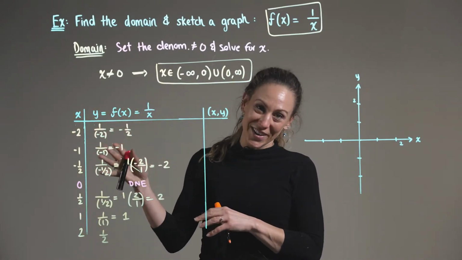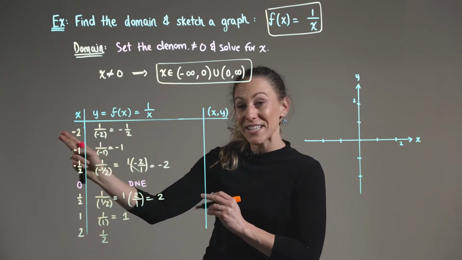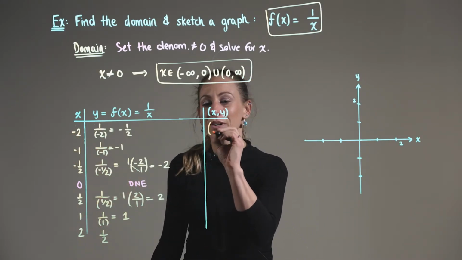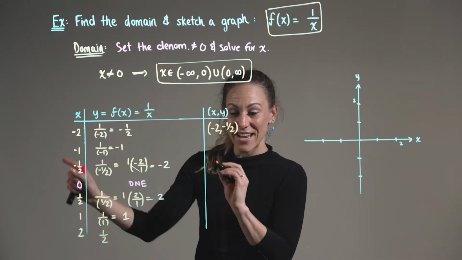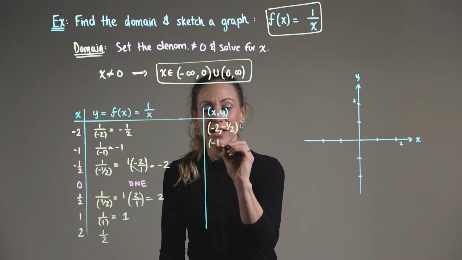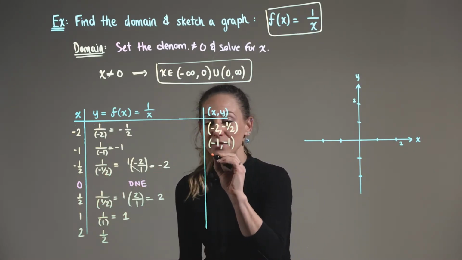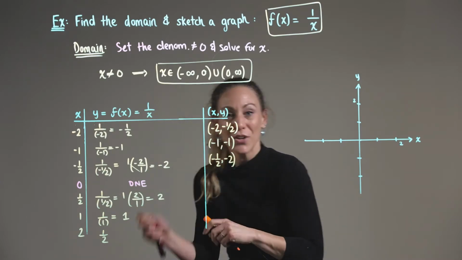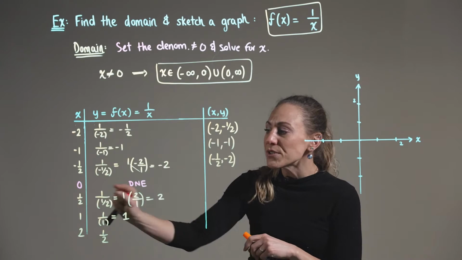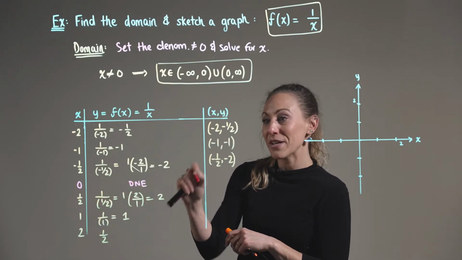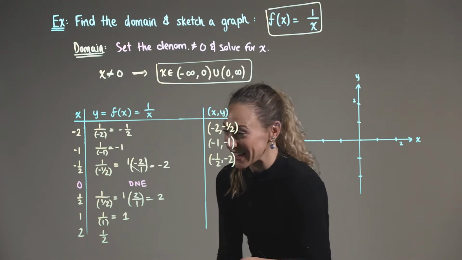So substituting our x values in, we've produced their corresponding outputs. We can see that when x is -2, y is -1/2. When x is -1, y is -1. When x is -1/2, y is -2. Notice that as these x values are getting closer to our undefined 0, the y values are getting smaller, approaching -infinity.